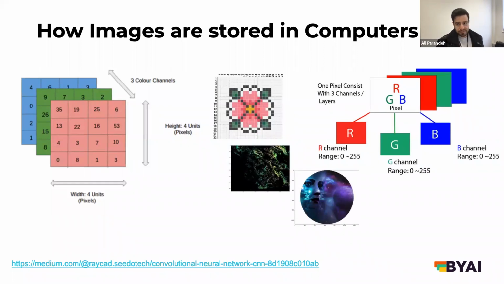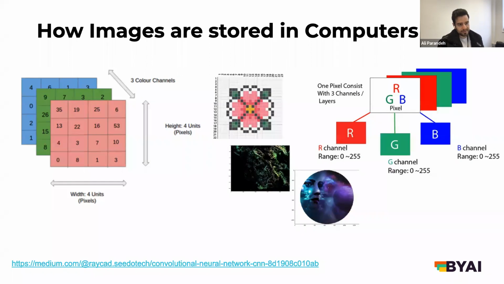So the first thing we want to understand is that images in computers are stored as arrays of matrices and arrays of numbers. With grayscale images, you have one array of numbers, and the numbers in each cell represent the intensity of that cell. So 0 represents black and 255 represents white.